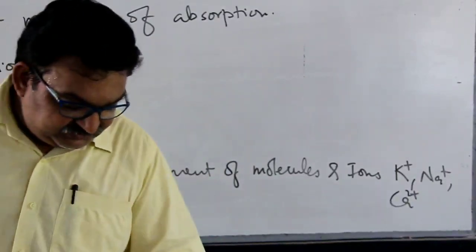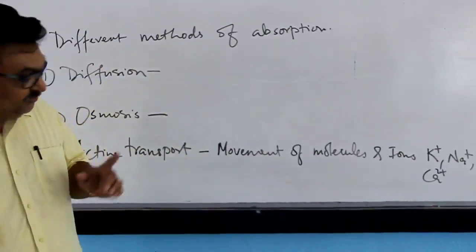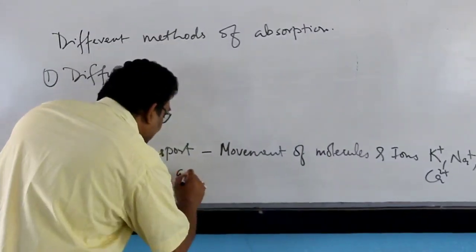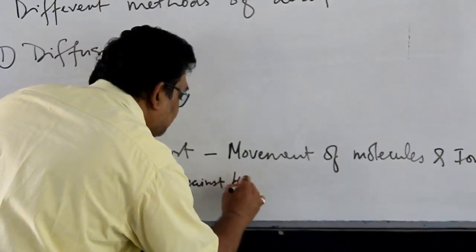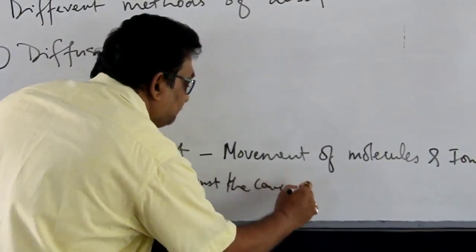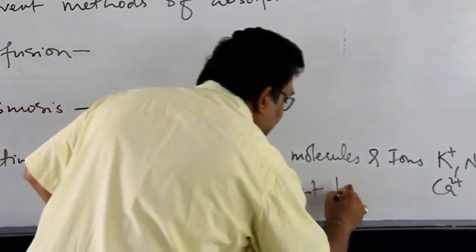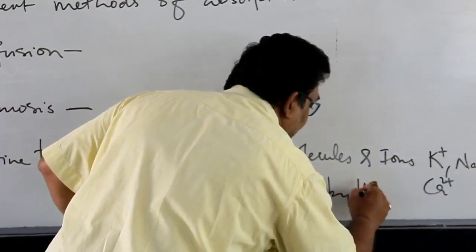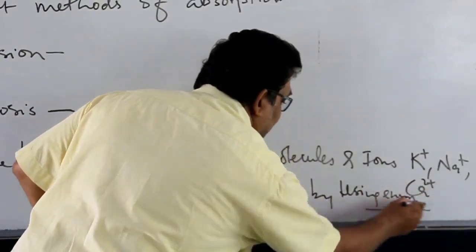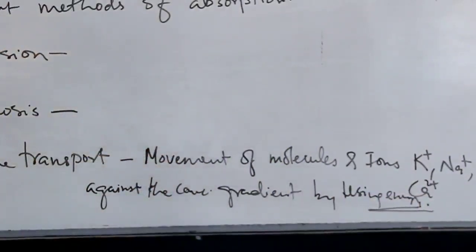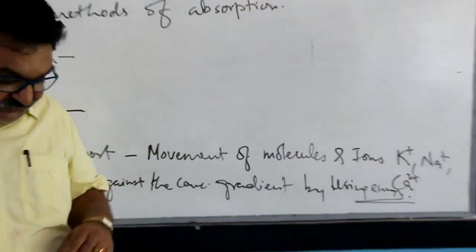Alright. Transport of molecules and ions against the concentration gradient by using energy. So this is the unique feature of active transport wherein energy is being used.